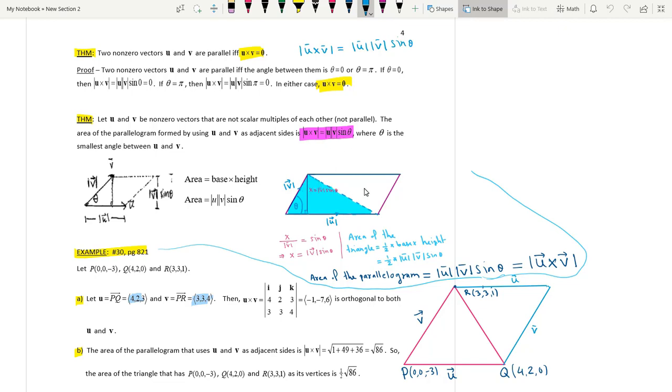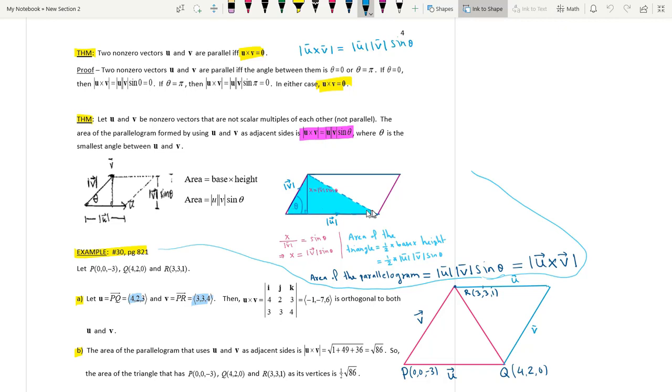If this side is modulus of u and that side is modulus of v, then the height of this parallelogram, suppose it is x, and consider this right angle triangle, and this angle is theta. So this is opposite. So opposite over hypotenuse, x over modulus of v, is sine theta. So x is modulus of v sine theta. So this height is modulus of v sine theta.